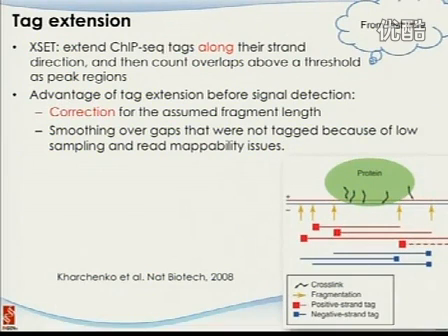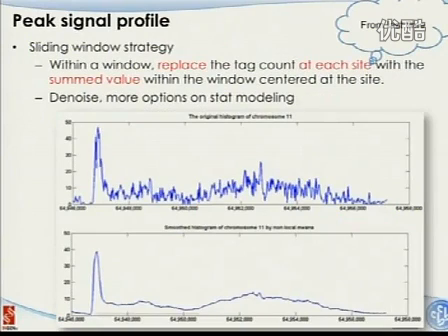Remember when we talked about DNA sequencing at the very beginning, we talked about mappability. If it's not mappable for that particular region, you probably don't see any signal there. But when we do this tag extension, that part will be fixed. So the gap has been glued together. So those are two different approaches, tag shifting and tag extension.